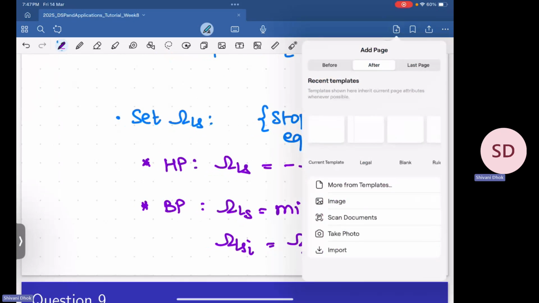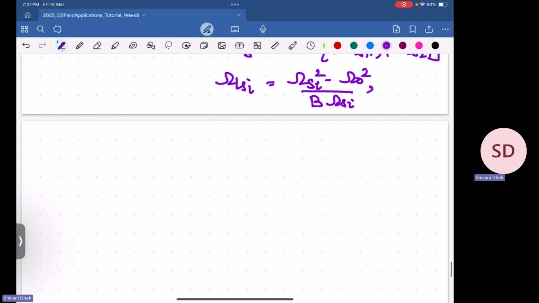Now here this B is omega P2 minus omega P1, and omega naught square is omega P1 into omega P2. So this is the third step of analog transform. This is valid only if you want to design any other filter other than low pass filter.